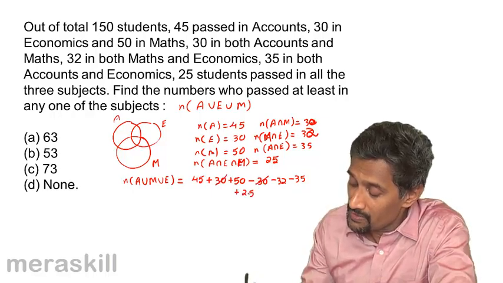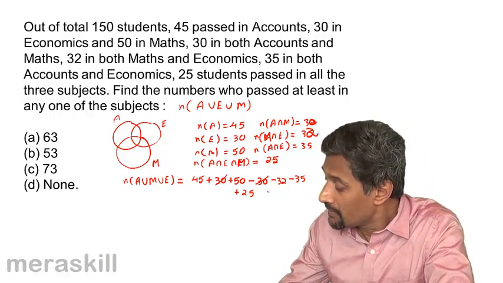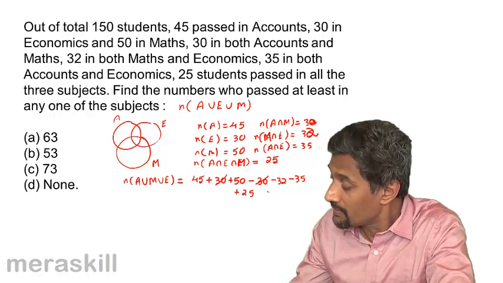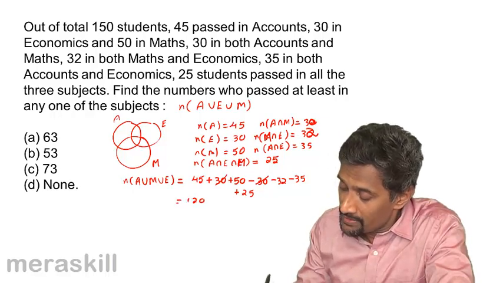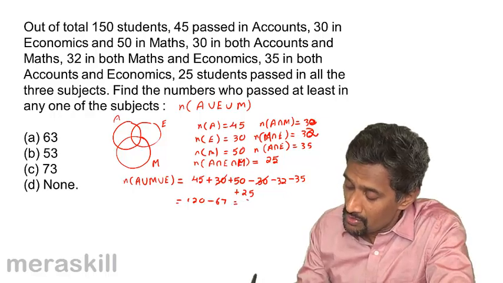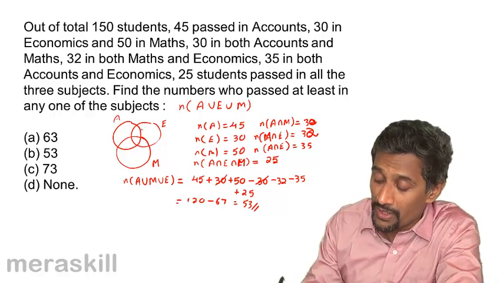So we have 45 plus 50, 95, and we have 120 minus 67, which turns out to be 53. So there are 53 of them who belong to any one.